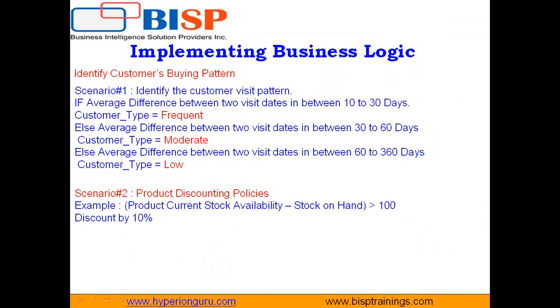The next big activity we do, we implement business logic. Business logic is a pretty vast term. Business logic applies every day in our life. When you apply for a credit card, business logic applies. There are different kinds of credit cards, gold, platinum, silver and all, right? When you apply for a credit card, they look at various parameters.